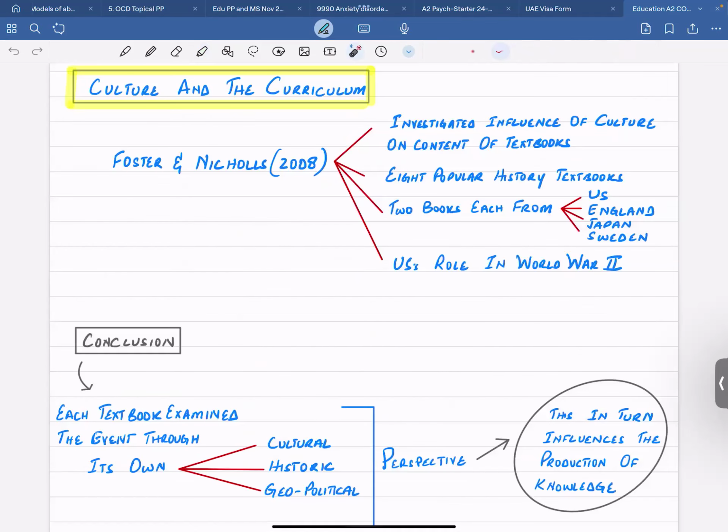To do this, they studied eight popular history textbooks, two books each from the US, England, Japan, and Sweden. They were trying to figure out the role that the US had in World War II. What they concluded was that in any country, any society, any education system, culture, history, and geopolitics played a very important role in influencing the position of knowledge.